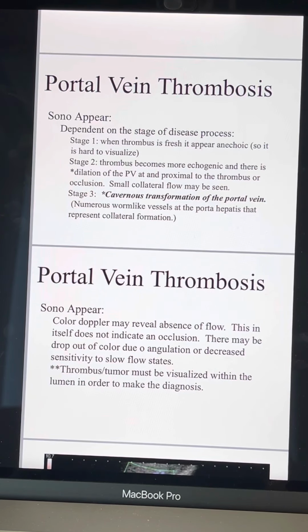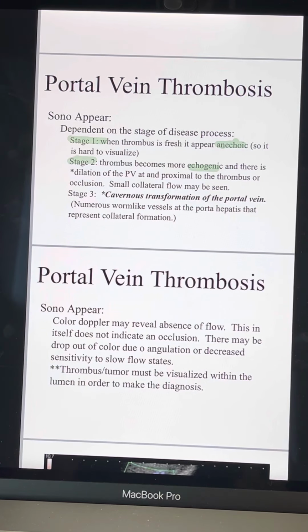Depending on the stage of the disease, when the thrombus is fresh, it's anechoic, we just went over that. And at stage 2, we did talk about these two stages earlier, it becomes echogenic, and there is a dilatation of the portal vein proximal to the thrombus or occlusion. Small collateral flow may be seen.